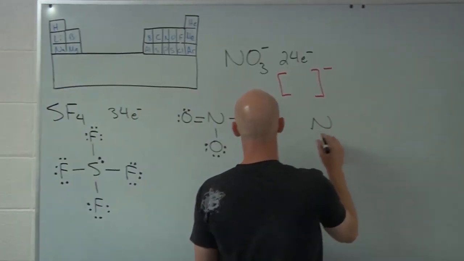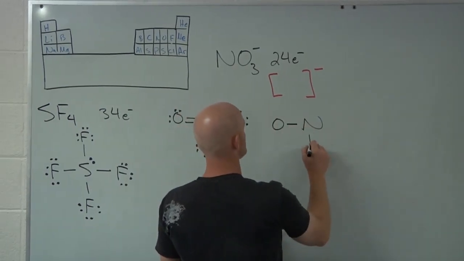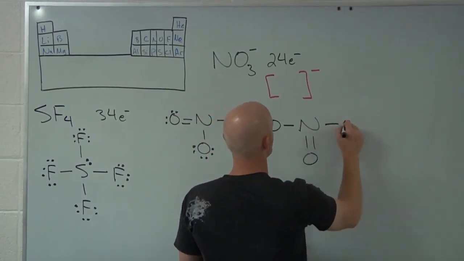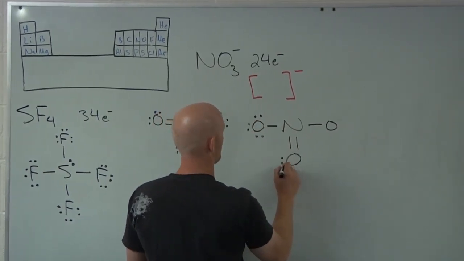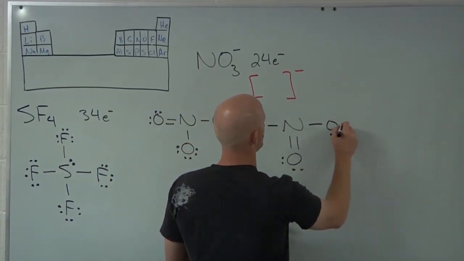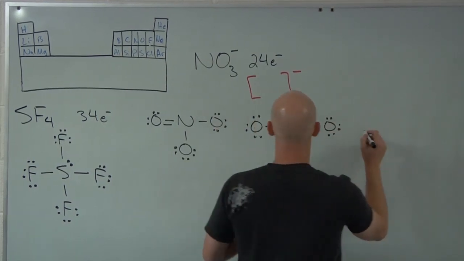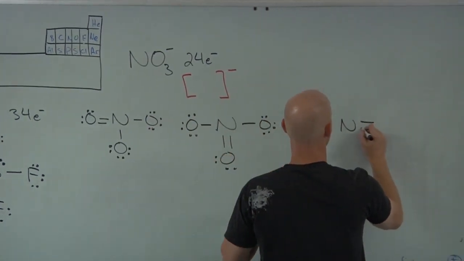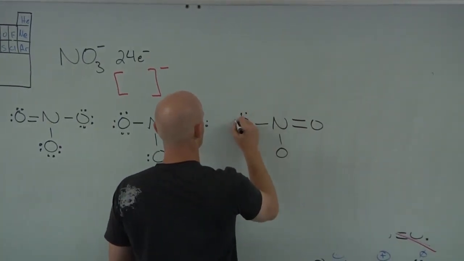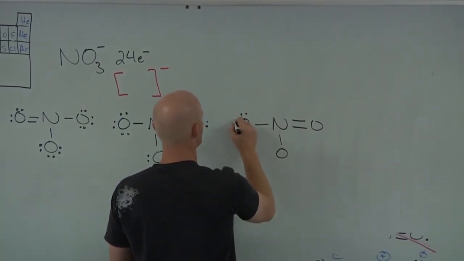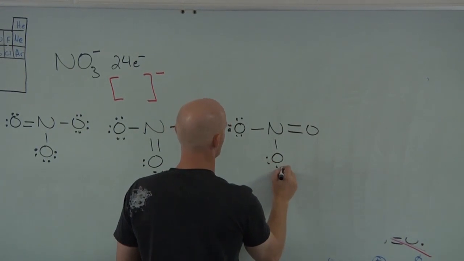But I could have just as well had the oxygen down below be the one that shared instead. But yet again, I could have just as well had the oxygen on the right be the one that got to share. They're all 3 equally likely. They're equivalent oxygens.